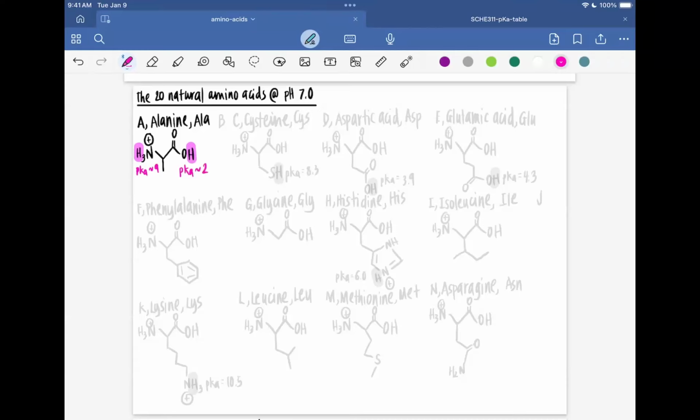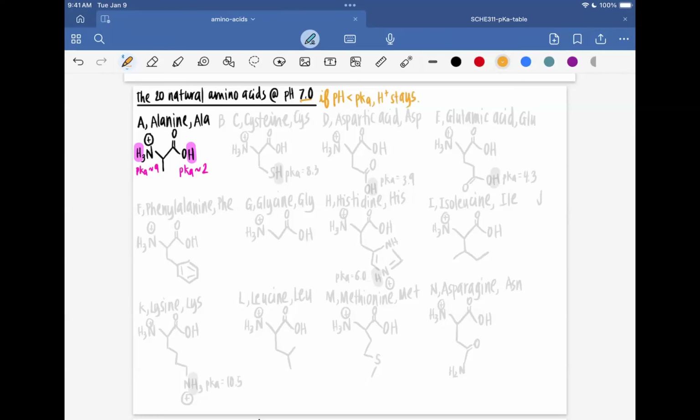And the way that we're going to assess how pH is impacting whether or not these ionizable protons that I've highlighted are going to be present or absent is by this rule of thumb. If the pH that we're using, here it's 7, is less than the pKa of the ionizable proton in question, then the proton is going to stay.